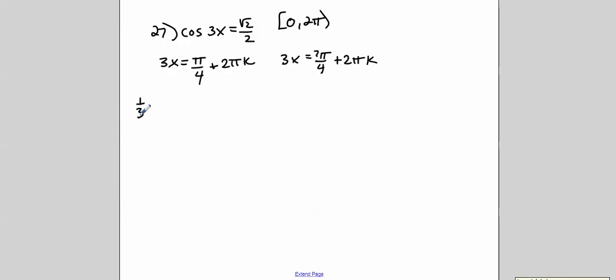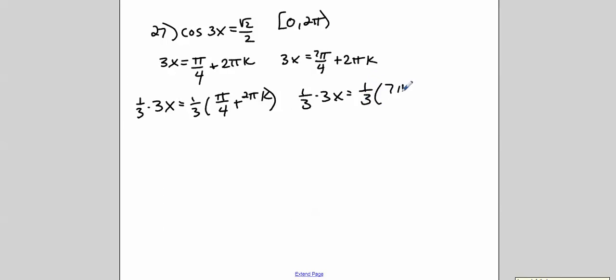So I have 1/3 times 3x equals 1/3 times pi over 4 plus 2 pi k, and 1/3 times 3x equals 1/3 times 7 pi over 4 plus 2 pi k.